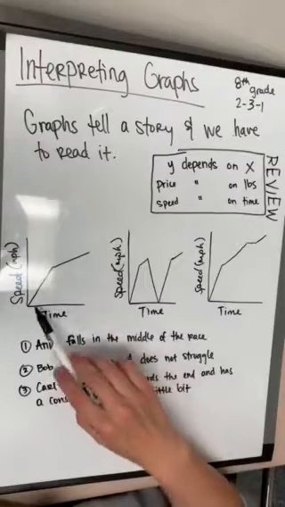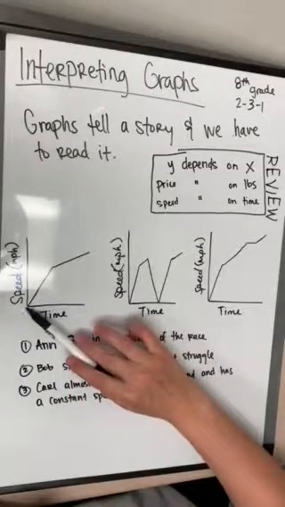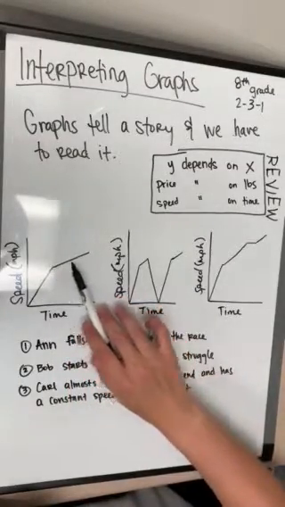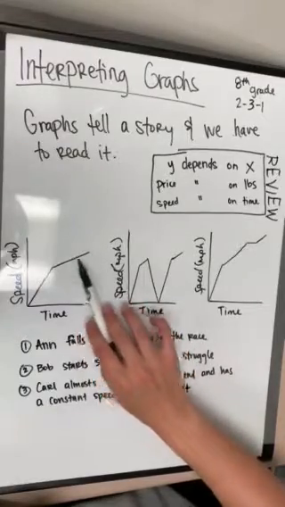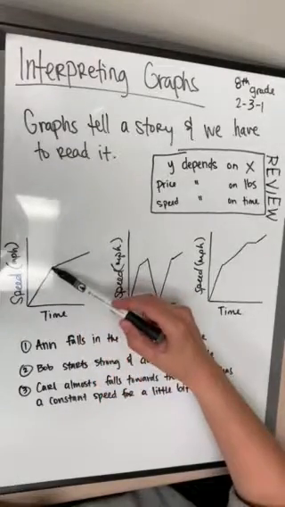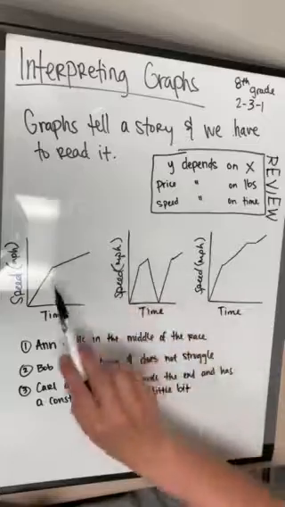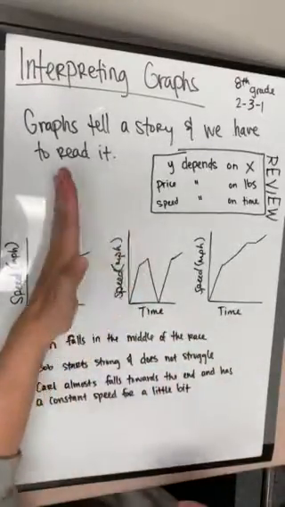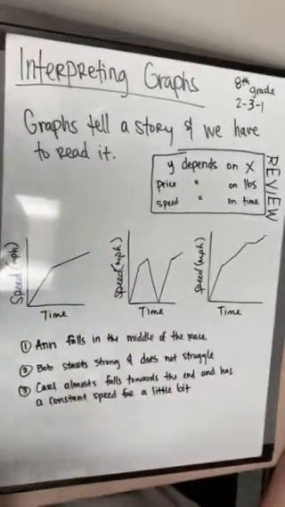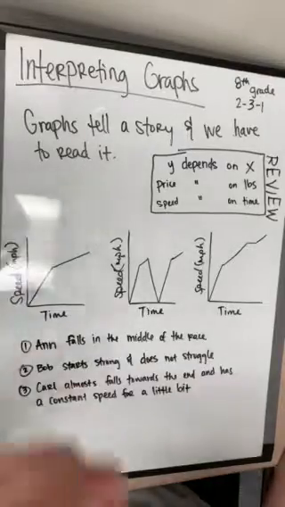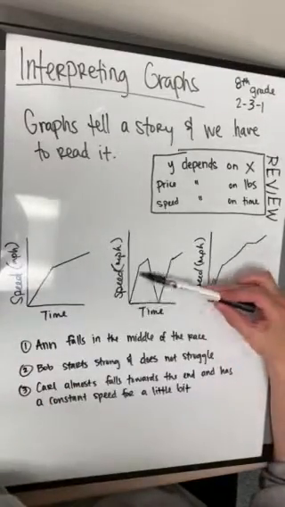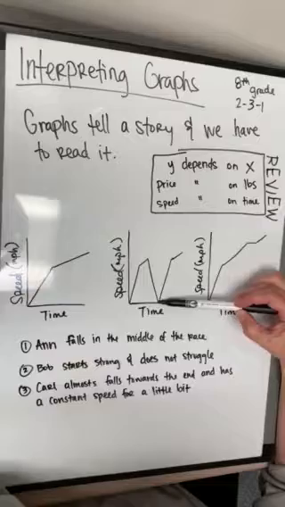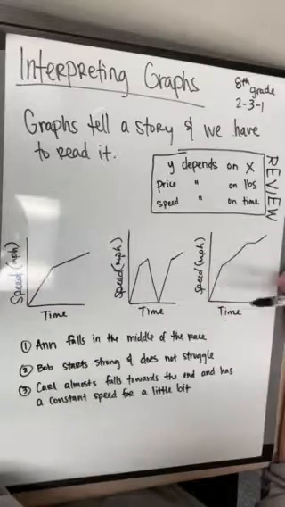Now, on this first one, it looks like increasing speed and then continues to increase, but not at the same rate. It slows down. If it had gone at a steeper slope, that would have meant it went faster. So this one, you'll notice, if it comes all the way back down, your speed would have stopped, okay?